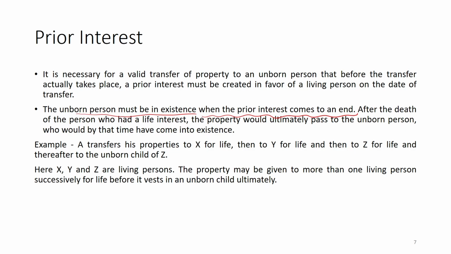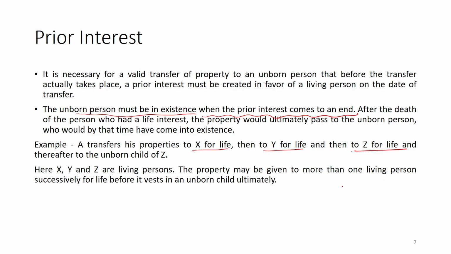So, an example has been given: A transfers his property to X for life, then Y for life, then Z for life. That means X, Y and Z are with the prior interest. And then after, to the unborn child.